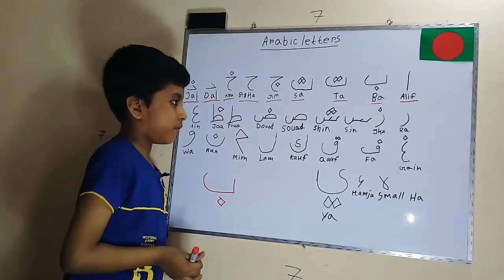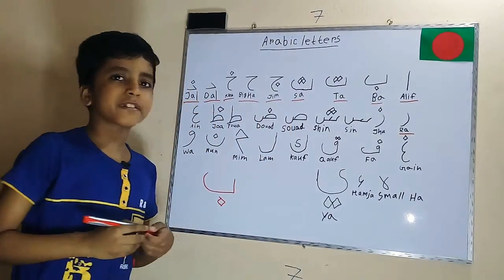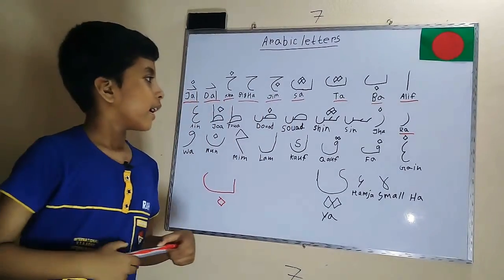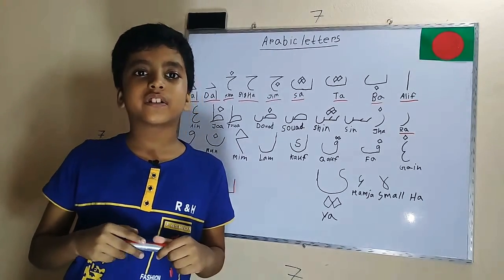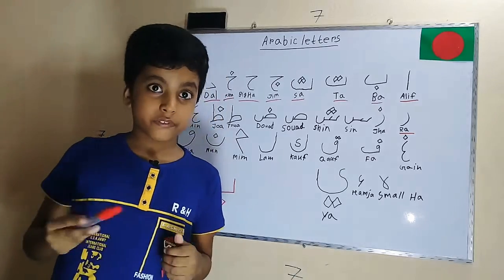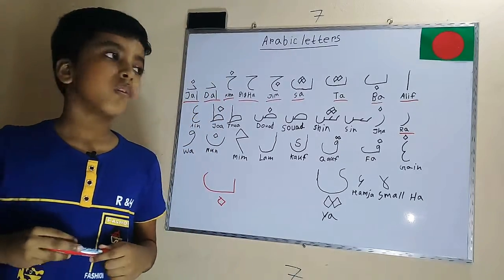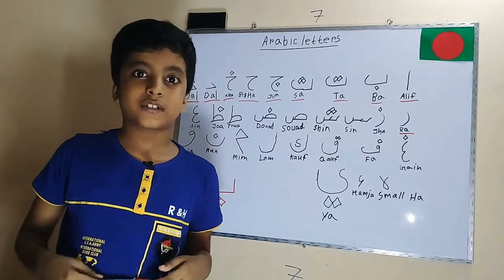Next we have ra. Some people say that the correct spelling of ra is raw, but it's actually ra. I was thinking that it was raw, but then my sister told me that it was ra.